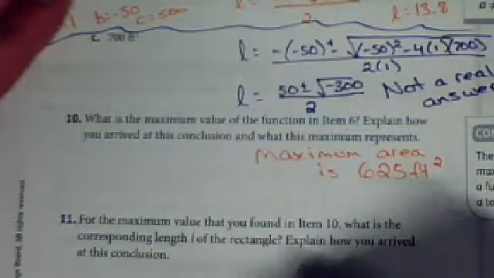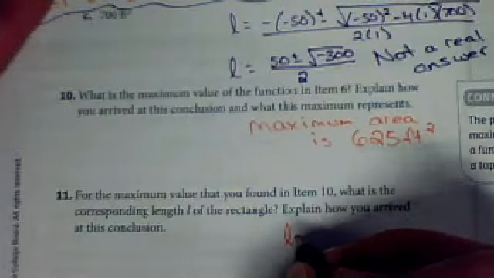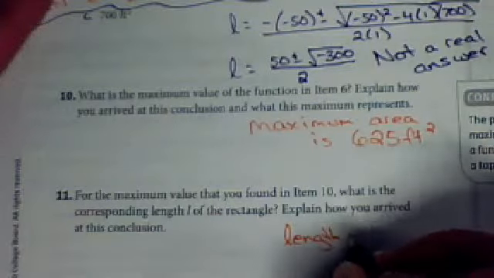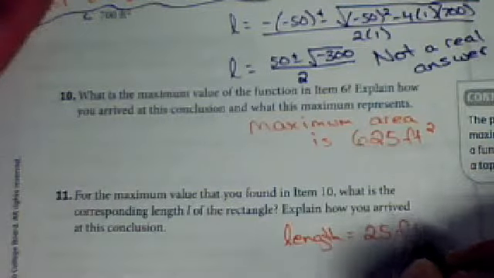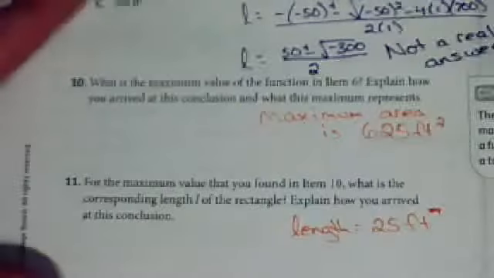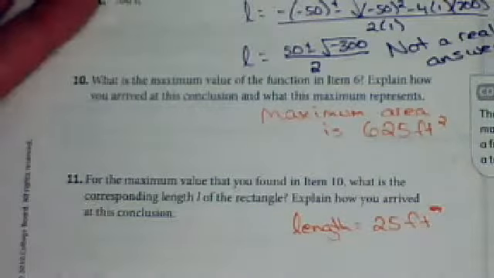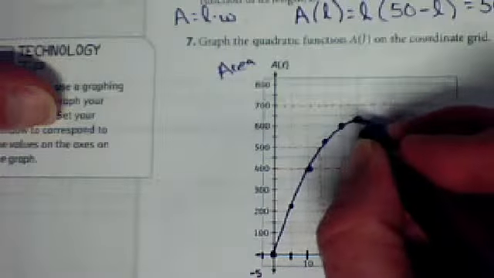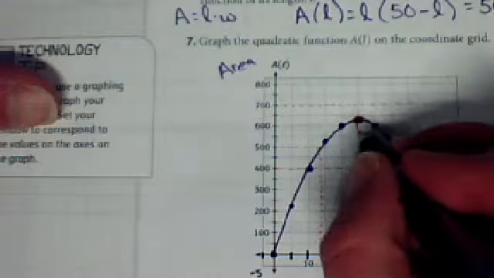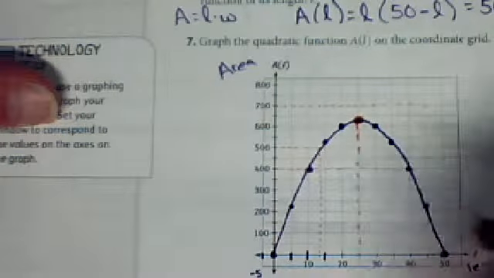The corresponding length that gave us this, the length was 25 feet. Oops, I was about to say squared. And if you notice on the graph, that 625, that is the highest point of the graph. And if we look down, the x value that goes with that is that 25.